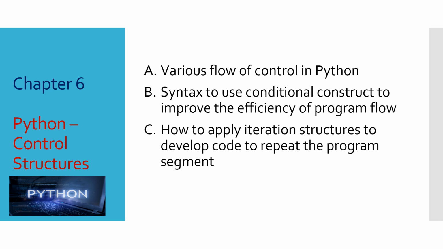The control structures talk about such elements, and also how you apply those structures, especially when you're doing iterations. For example, if you want to repeat a certain function or a particular task in a program, how would you do that in Python? That's what this chapter is about.